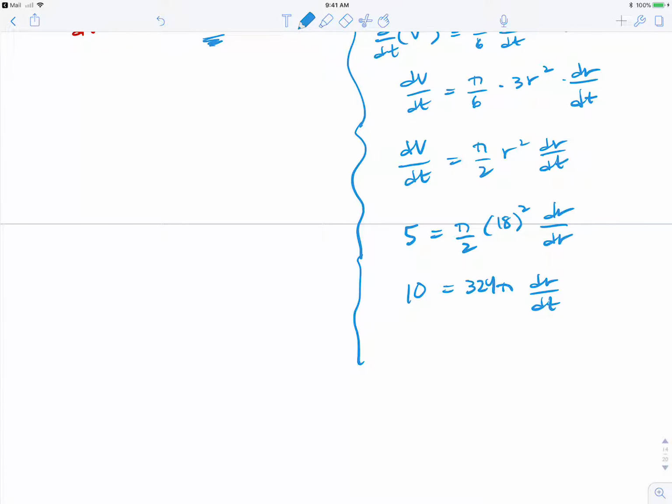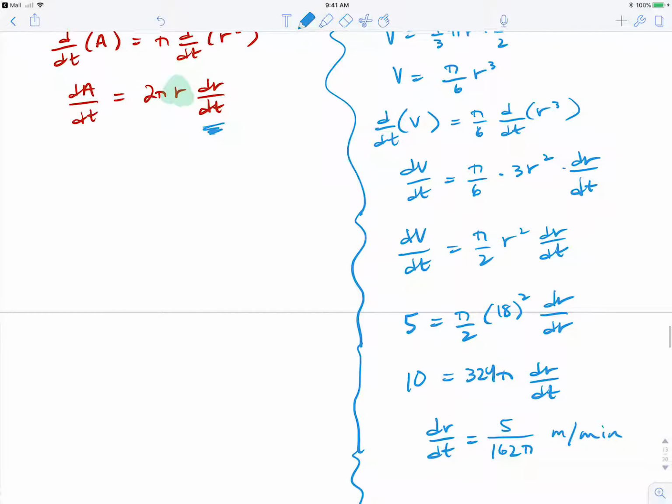So dr over dt, flip this around, will be equal to half of 324. So it'll be equal to 5 over 162 pi meters per minute.